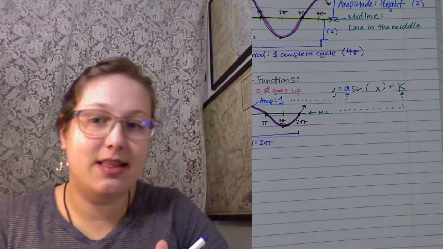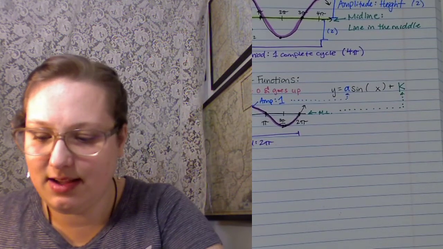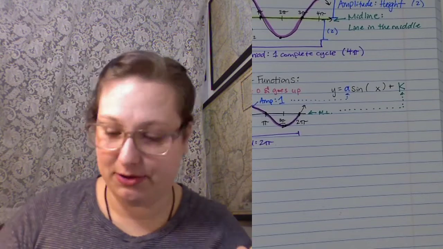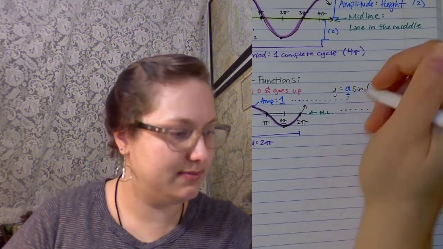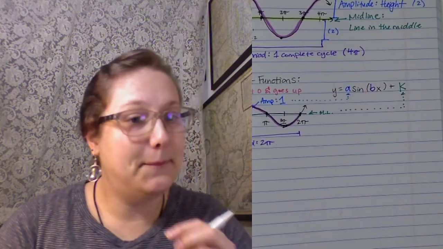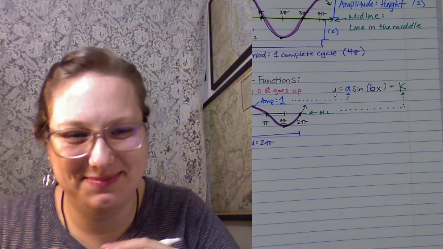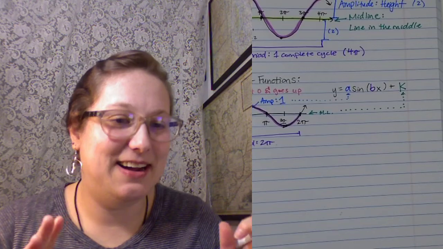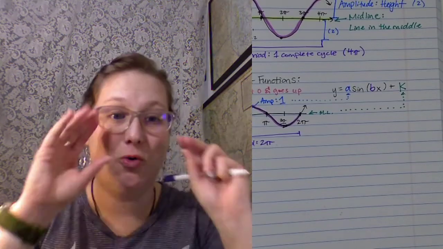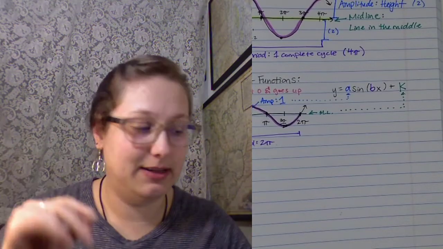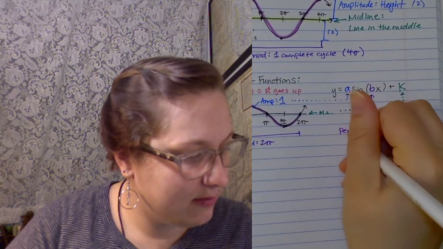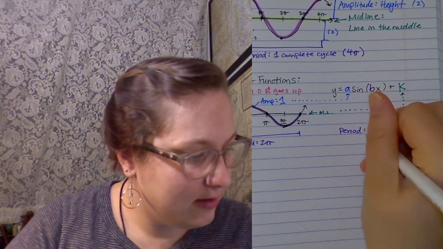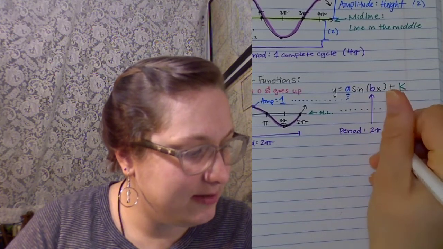Okay, now here's the one that's not easy. I have a b value. But it's not the period. What we do is we take the normal starting period of 2 pi and we divide it by b.